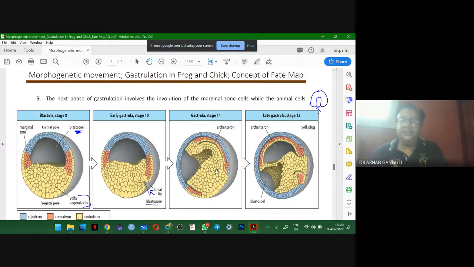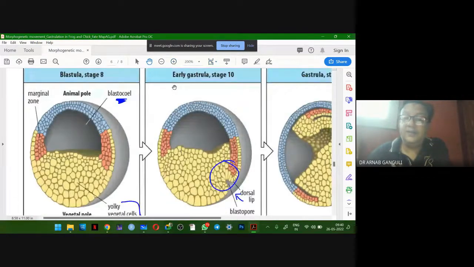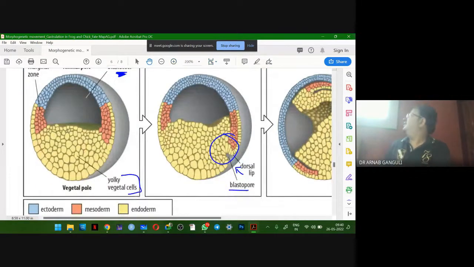If you see the picture, can you see the shape of the cells in that region? Online, can you see the shape of the cells?